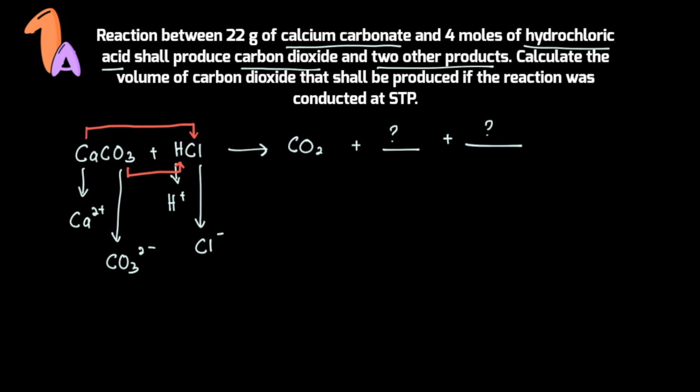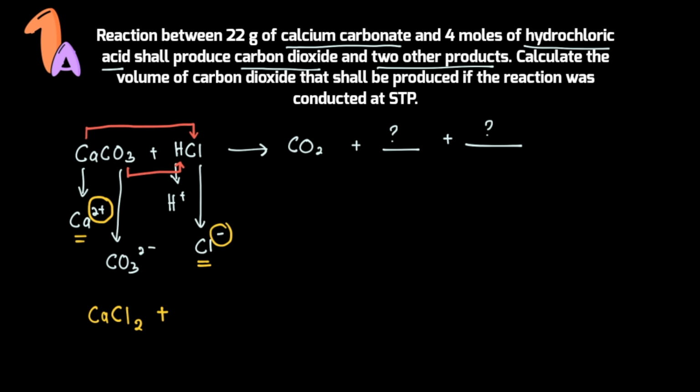Make sure that you always write the positive first. So you have your Ca, and then it reacts with your Cl from HCl, so CaCl. Then you look at the charge, Ca is 2 plus and Cl is just negative, so you need more Cl in order to balance out the charge. So you have CaCl2. Done.